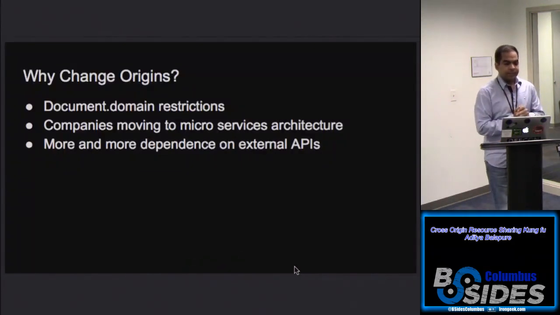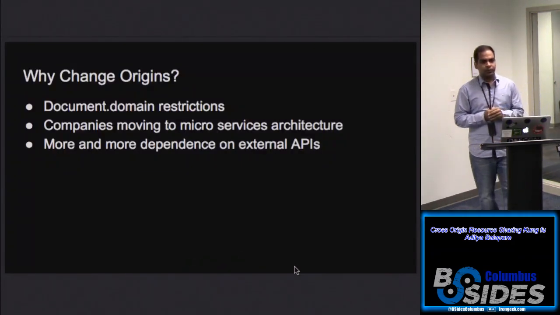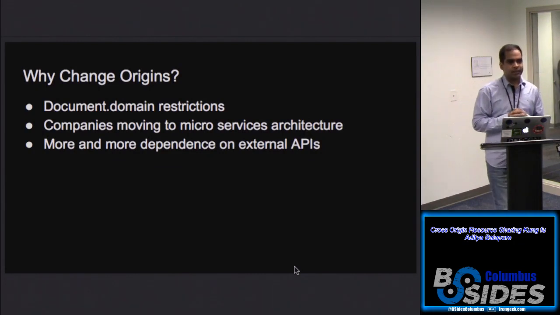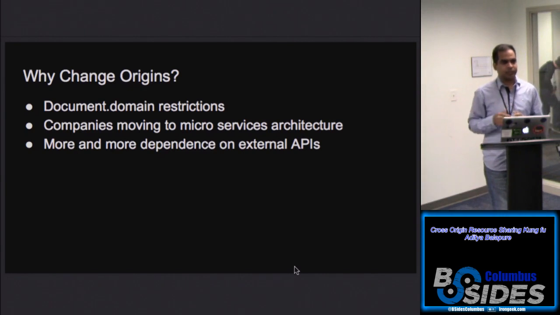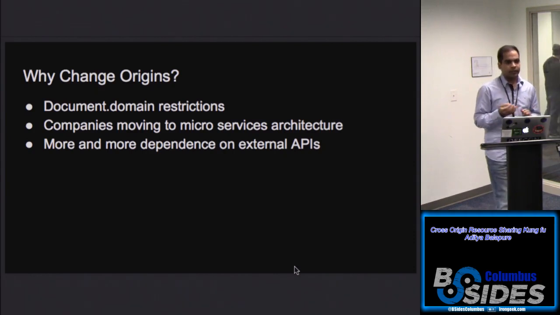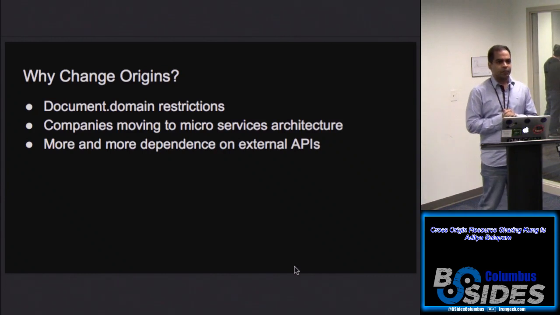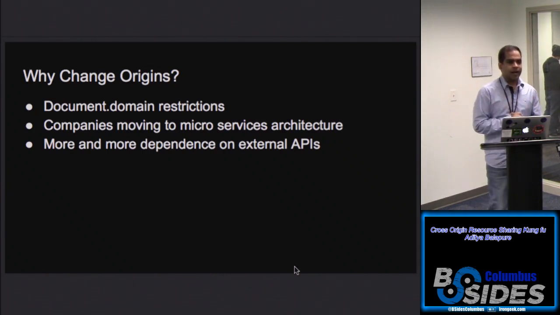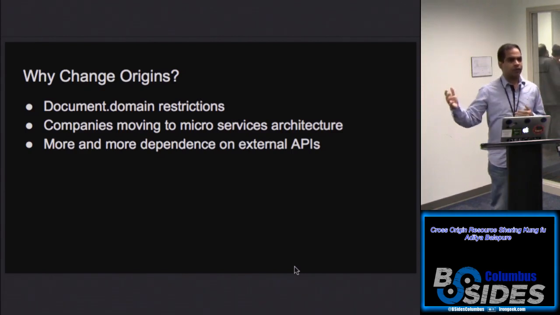The third reason is more and more dependence on external APIs. We have social networking, people need to tweet. People need to use just one email address to authenticate, so OAuth providers are important. That's why the need is coming to talk and share more information cross-origin.